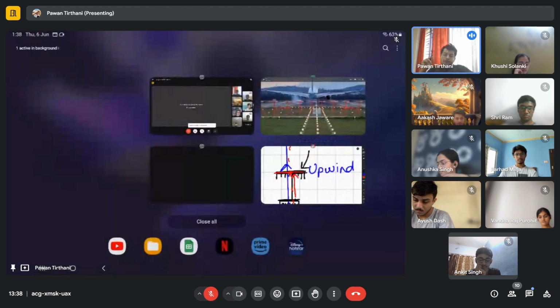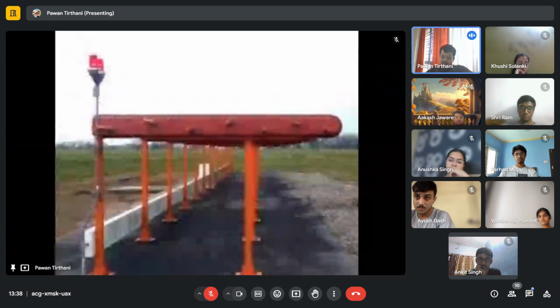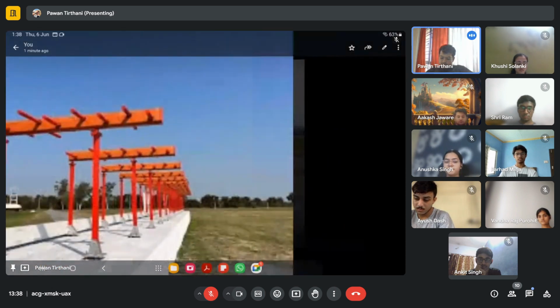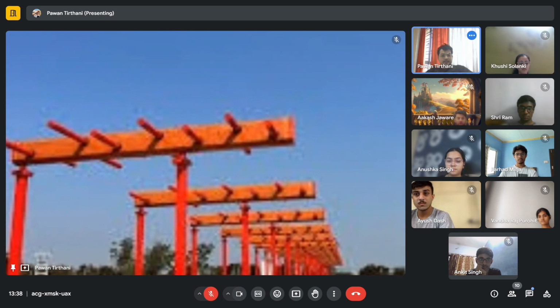Now, if you closely notice over here, I have told you about directivity. These are all directional antennas. So they are transmitting radio waves as a lobe in one particular direction. They are not transmitting omnidirectionally.